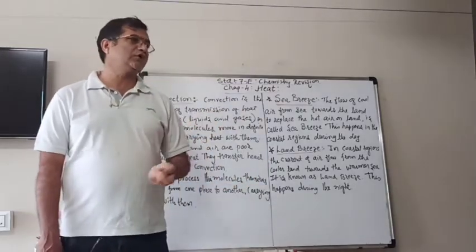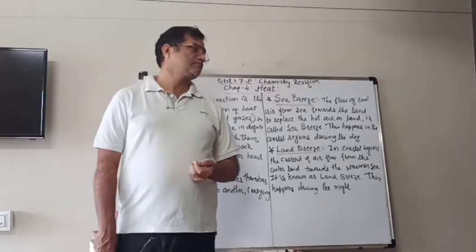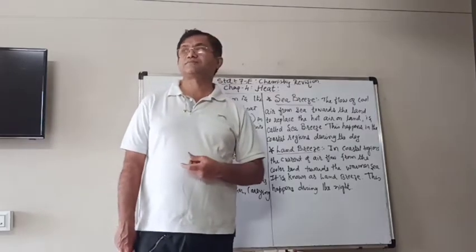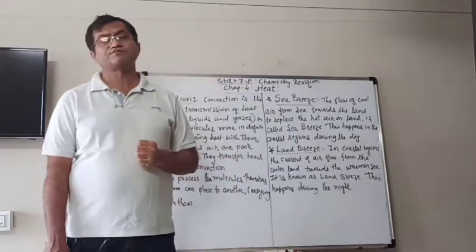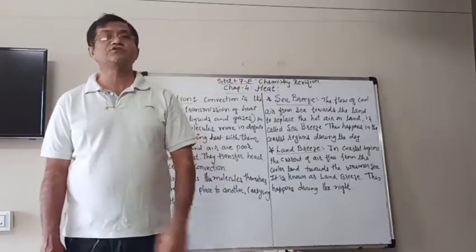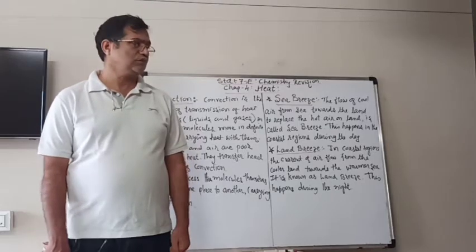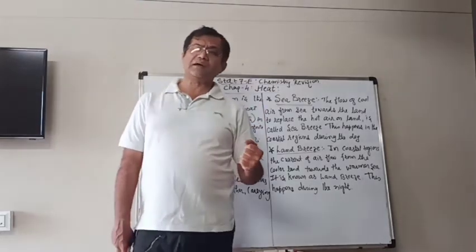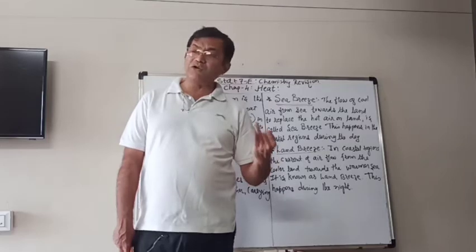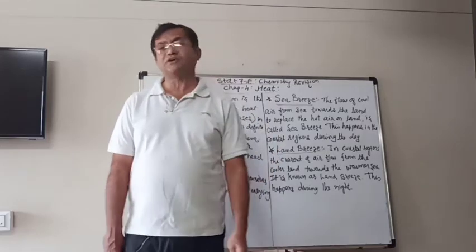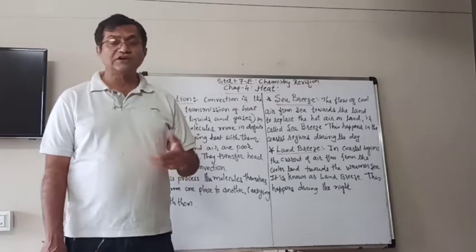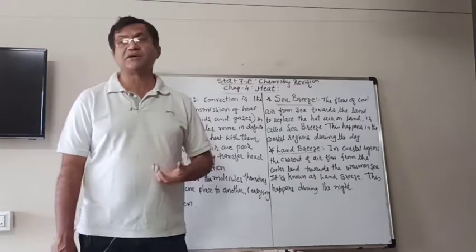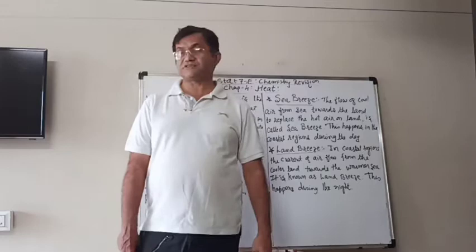For example, wood, rubber, plastic and most of the liquids and gases are also poor conductors of heat. So air and water both are poor conductors of heat. Then how is the heat getting transferred in these substances?